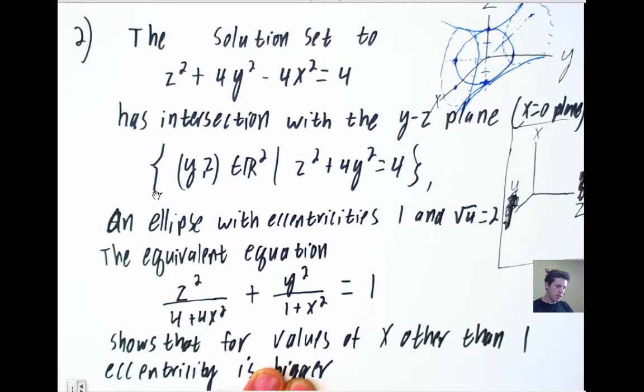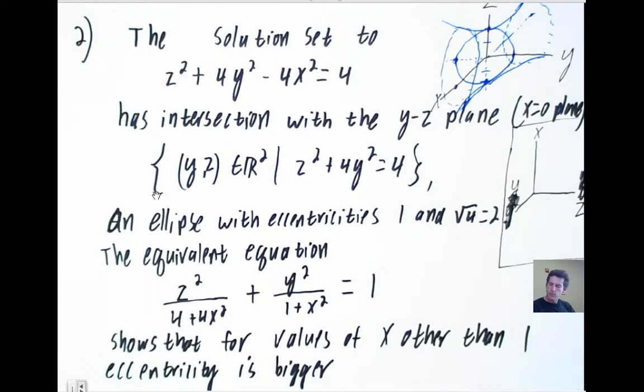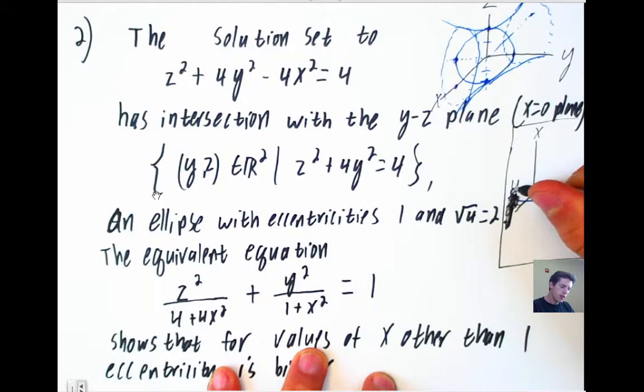Okay, so the reason I like that is because drawing this again, I have an ellipse in the YZ plane that gets bigger as I go up, and I feel more comfortable drawing it this way.